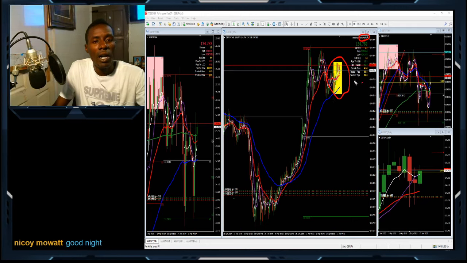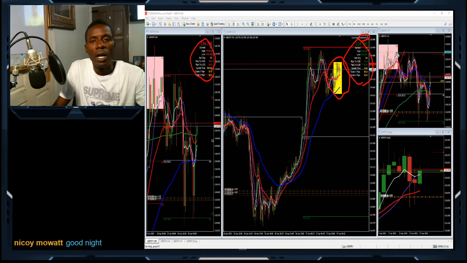I have this right here, which is just an indicator that shows the spreads, the high and the low of the candle. Over here we have the 4-hour candle. This is the 4-hour chart right there. This is the 5-minute, 15-minute.